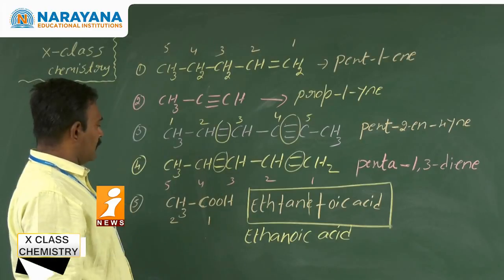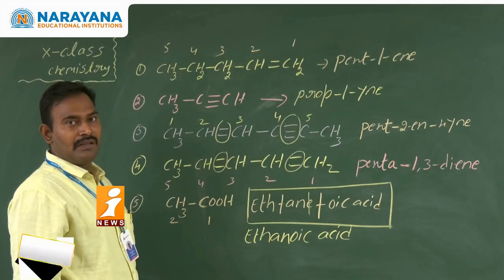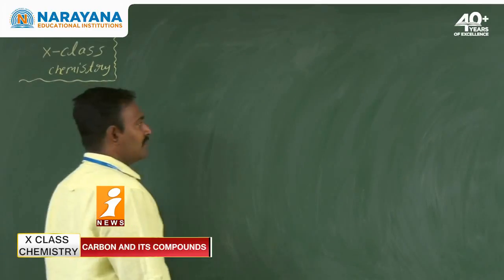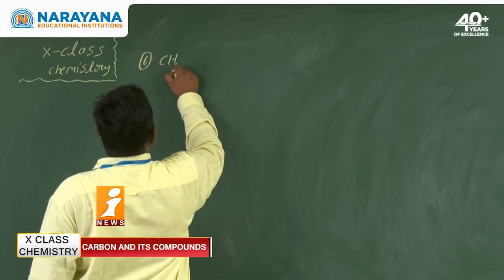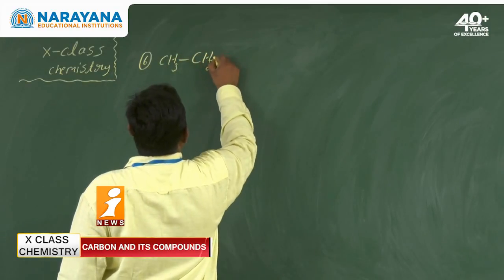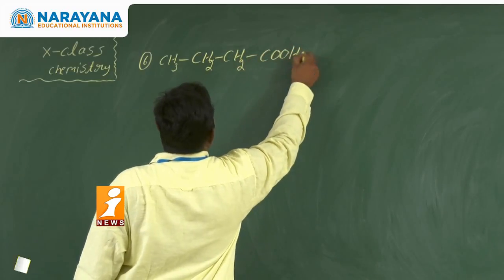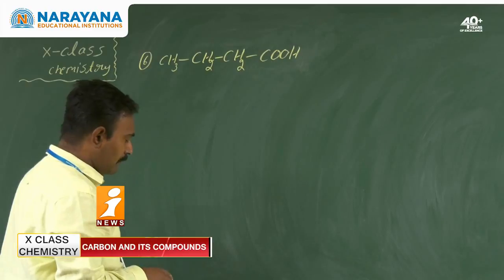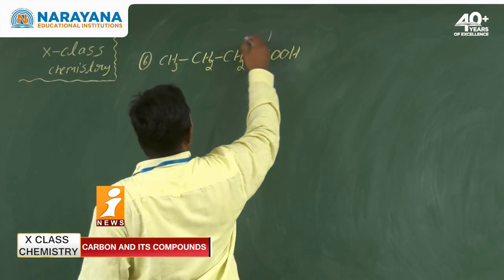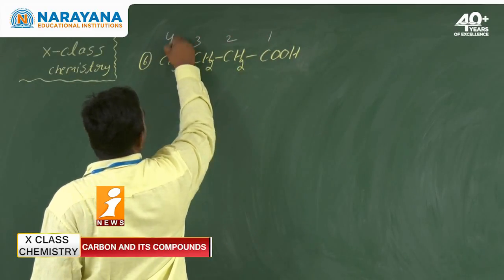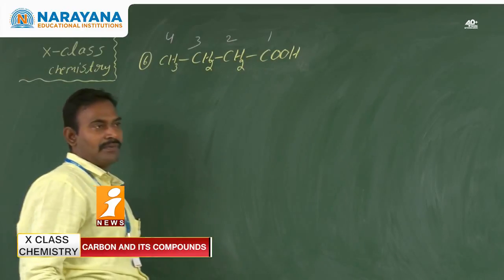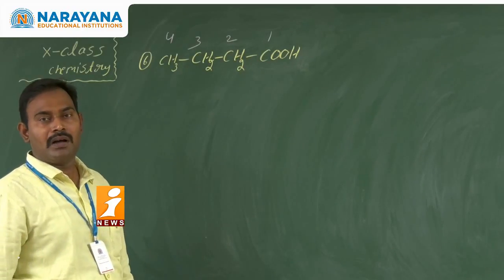So this is the procedure to learn the names of organic compounds. Next example: CH3, CH2, CH2, COOH. The numbering we give from the terminating functional group, and we include the carbon of the functional group also.